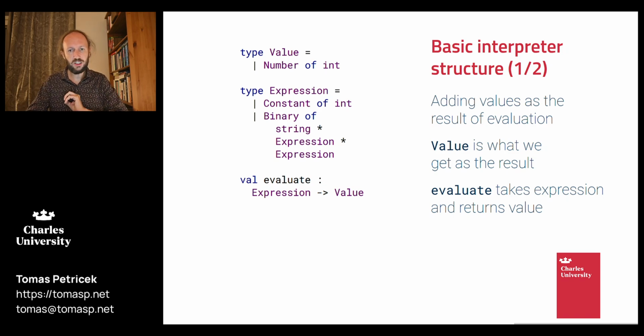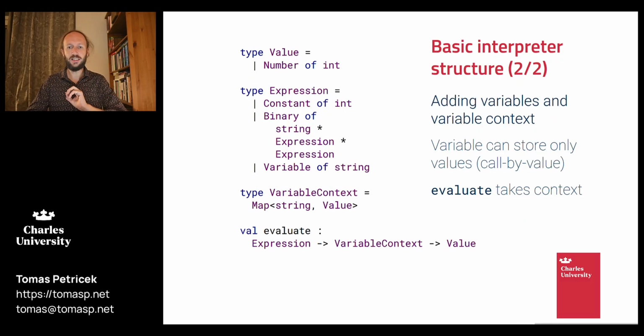That's one change. The other change is that we will also want to handle variables. And so what I've done here is that I added a new case to my expression for variables. Variables will just contain the string name of the variable. And when evaluating, we will need to have values for all the variables in scope.